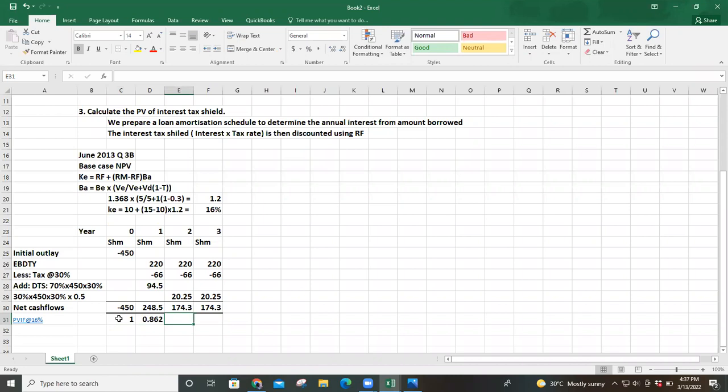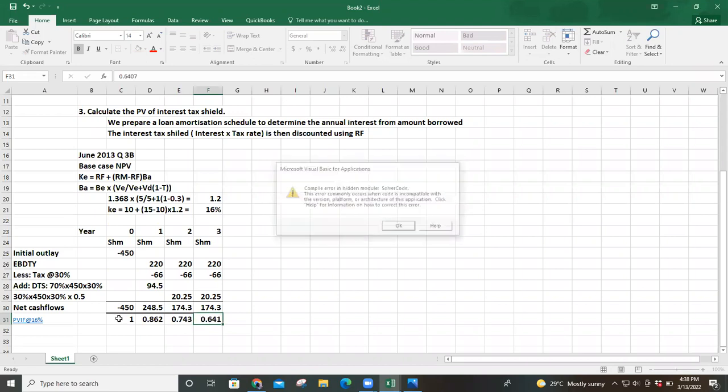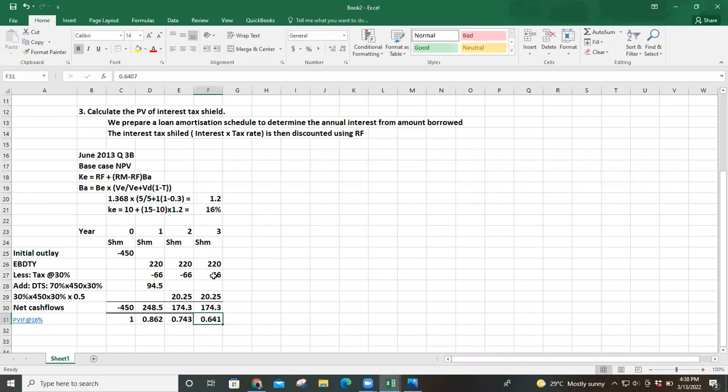Then divided by 1.16, we get 0.7432. Then divided by 1.16 again, 0.6407.